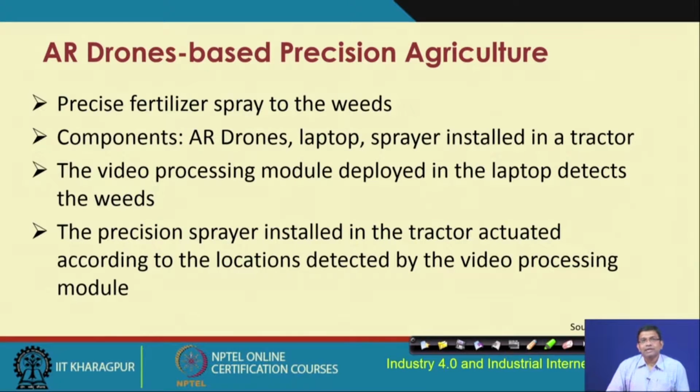We are using drones of different types for precision agriculture. So, we have different applications, but let us look at this particular work by Cambrai et al. It is a very recent work, published in 2018. Here they are talking about precise fertilizer spray to the weeds, and this is a very important and challenging problem, because you need to have precise spray of weedicides in such a way that only the weeds will be sprayed and the other places will be minimally affected, right.